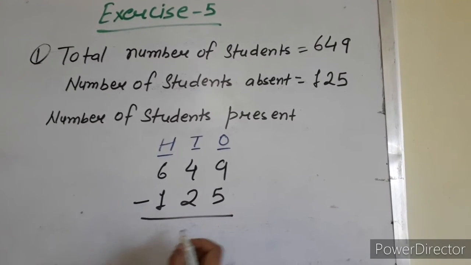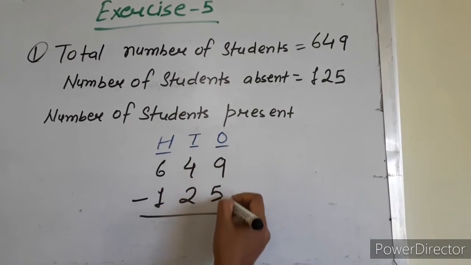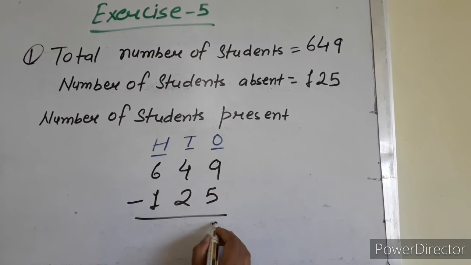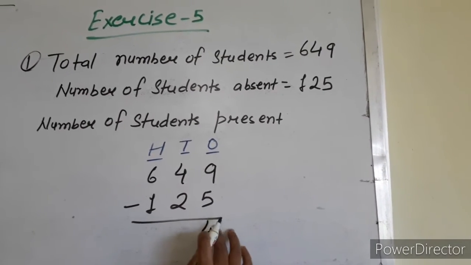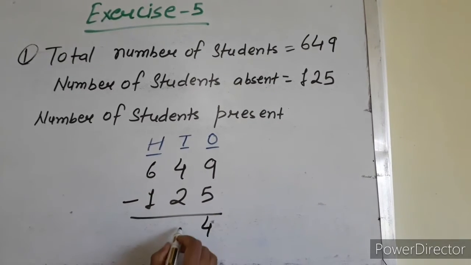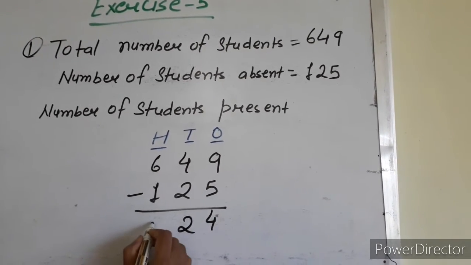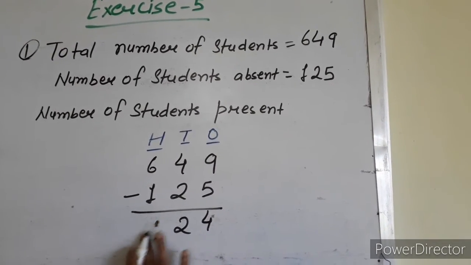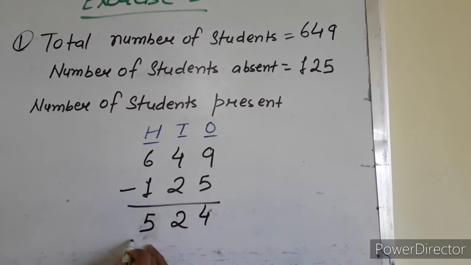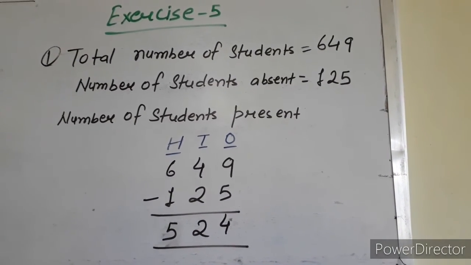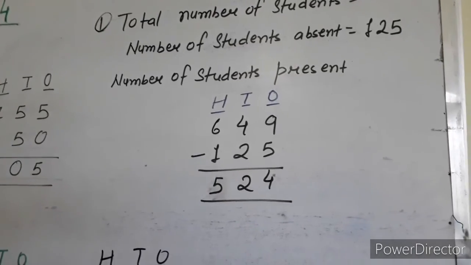So definitely here you have to do the subtraction. Just do 9 minus 5, it will be 4. 4 minus 2 will be 2, and 6 minus 1 will be 5. Like this you have to do it and write the answer.